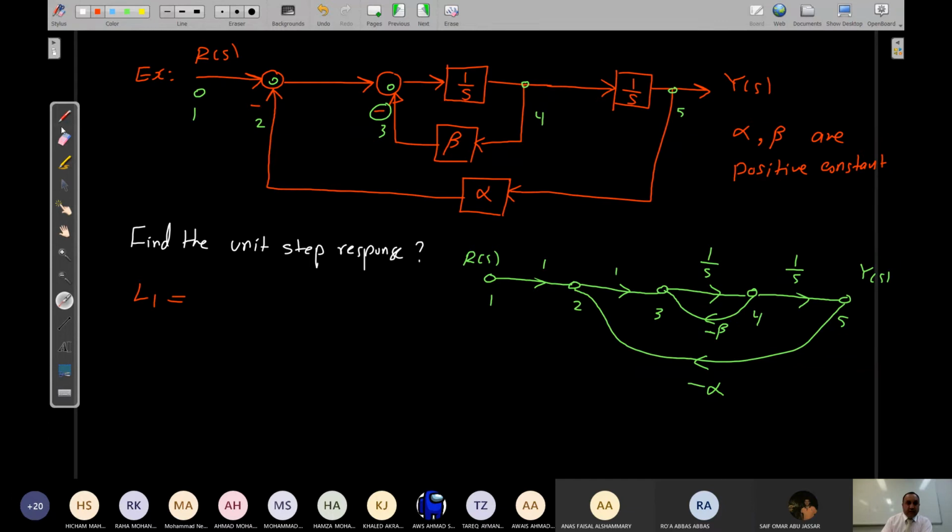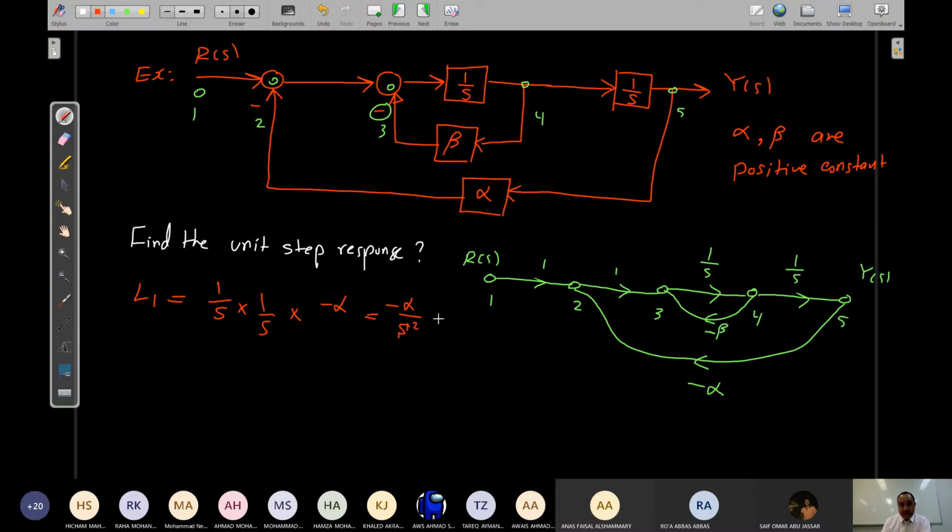So this means 1 multiplied by 1 over s, multiplied by 1 over s, multiplied by minus alpha. So this will equal minus alpha over s square.